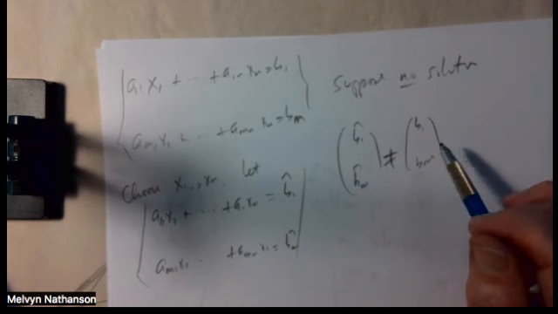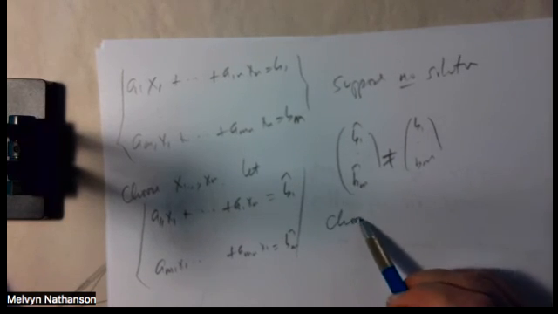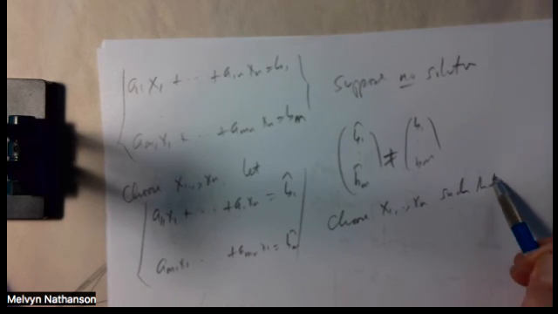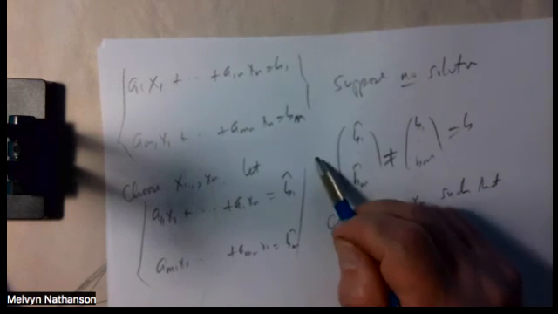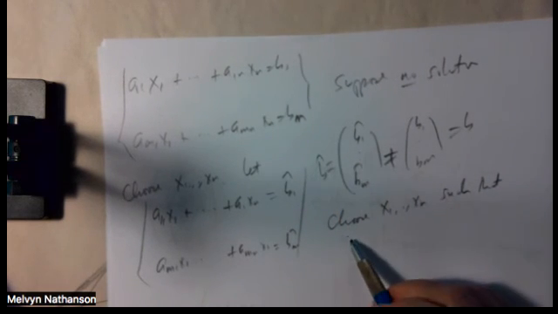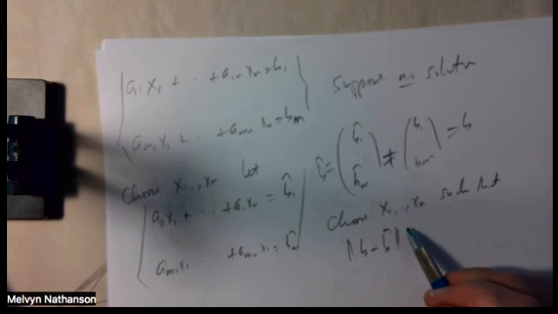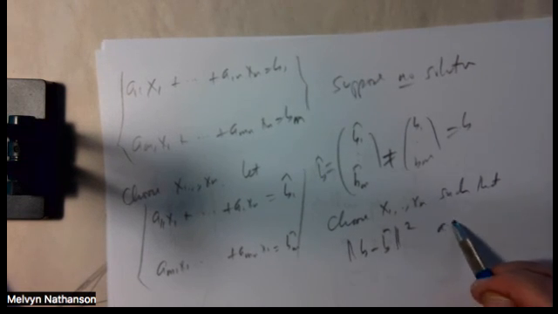But we might want to say, can we choose x1 up to xn such that, calling this the vector b and this the vector b hat, the length of b minus b hat, or the length squared, it's the same thing, is as small as possible.